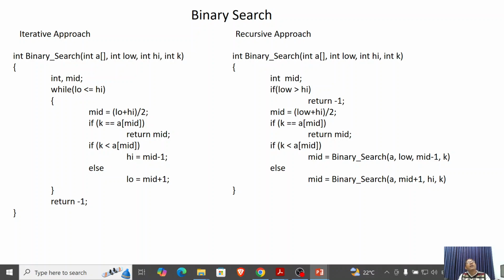Else, if your k is greater than a mid, then our search space is different. Then I will search in the right side of the array. The index will be mid plus 1, which is the lower index, high is the higher index, and the element that you want to search. So this is the very simple binary search recursive algorithm.